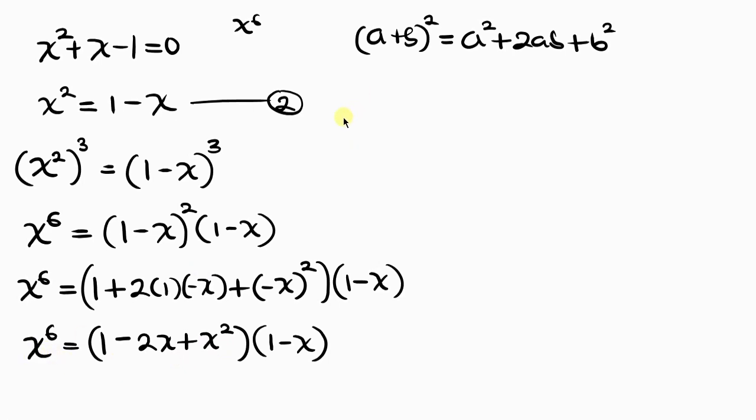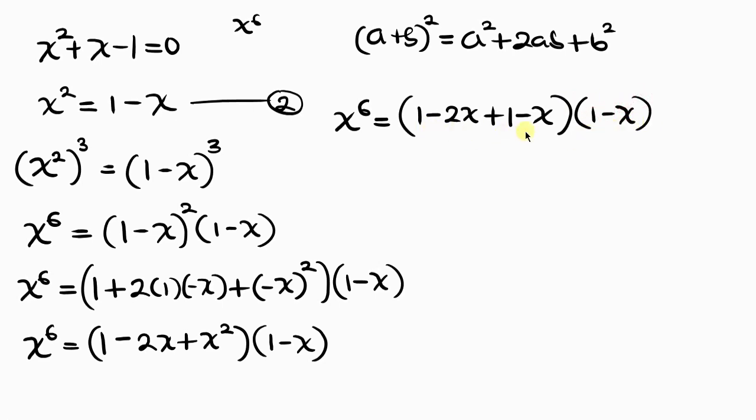So we have x to the 6 to be equal to 1 minus 2x plus, now, in the place of x squared, I'll be putting 1 minus x. So 1 minus x times 1 minus x.